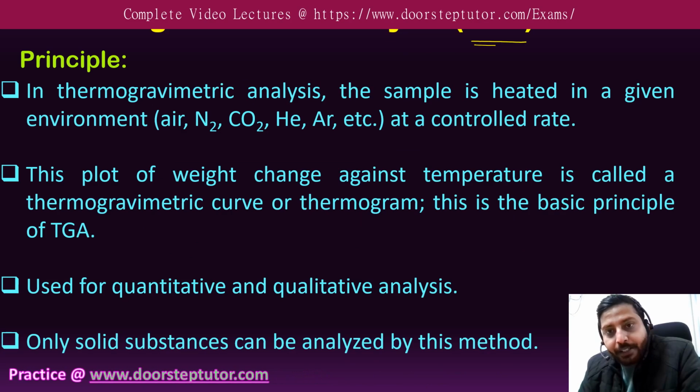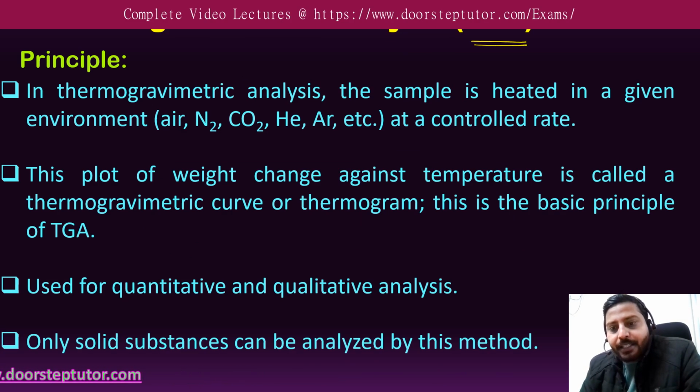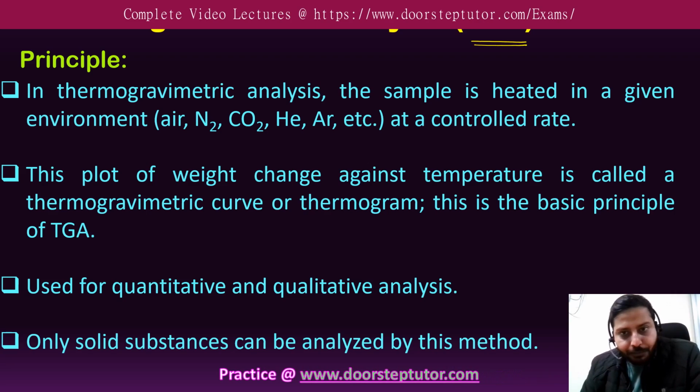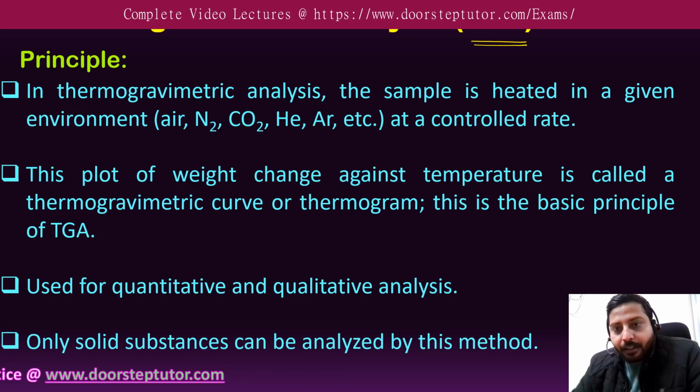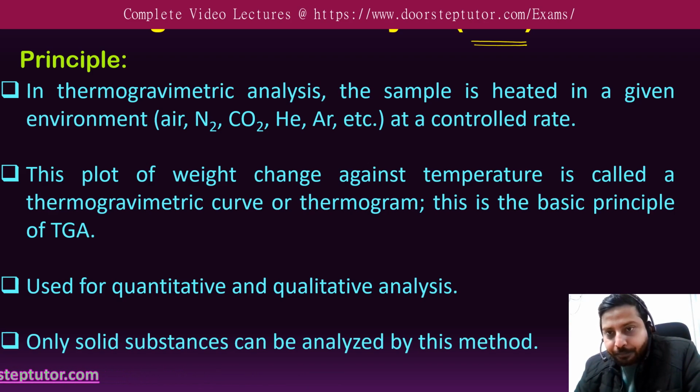What is TGA and why is it done? TGA, thermogravimetric analysis, is done to know the heat sensitivity or the heat stability of any material or sample that you want to use. Here one sample is taken and heated.